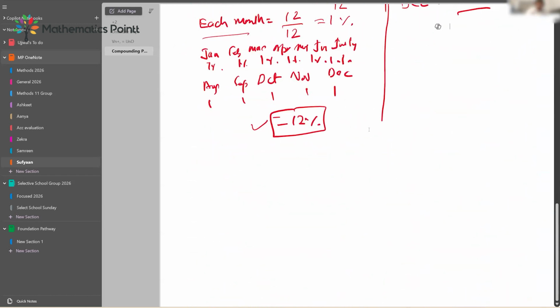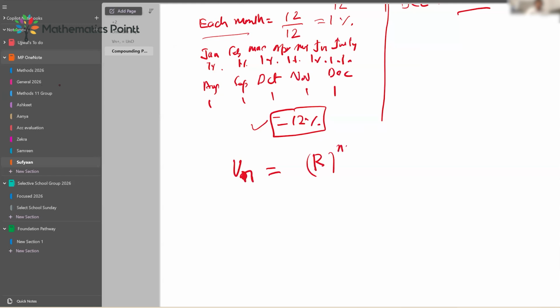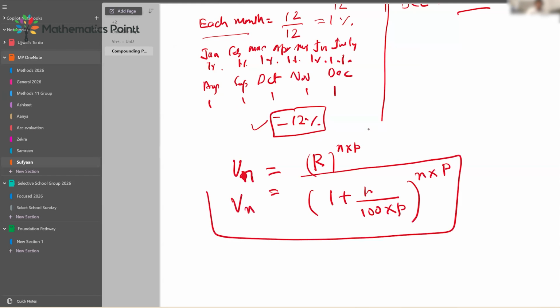So the new or the updated compound interest formula is Vn equals V0 times (1 + r/100p) raised to the power of n times p. So your new compound interest formula is this, where we have introduced a new variable called p.